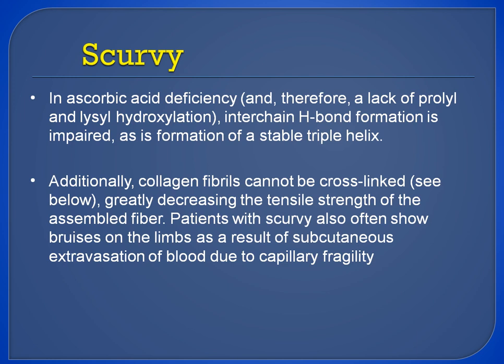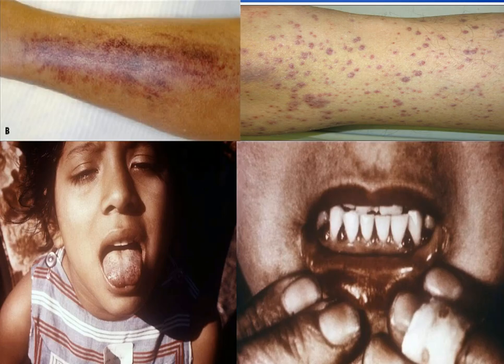In ascorbic acid deficiency, interchain hydrogen bond formation is impaired, as is formation of a stable triple helix, and collagen fibrils cannot be cross-linked, greatly decreasing the tensile strength of the assembled fiber. Patients with scurvy also often show bruises on the limbs as a result of subcutaneous extravasation of blood due to capillary fragility. Here you can see in the pictures the spongy gums and the patches on the skin.